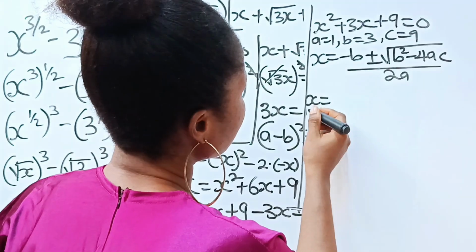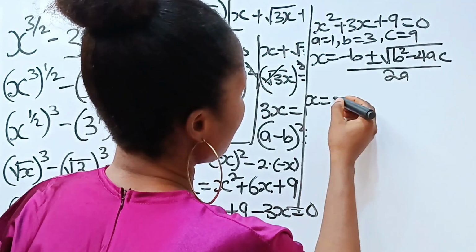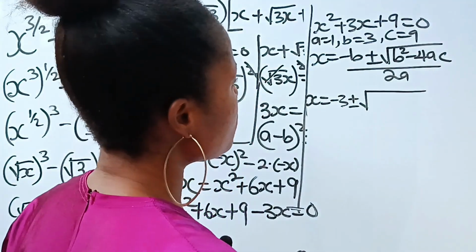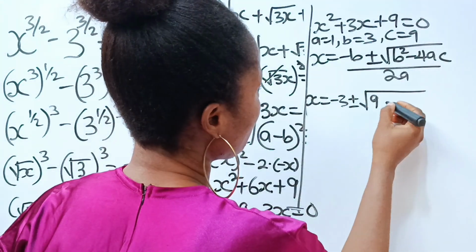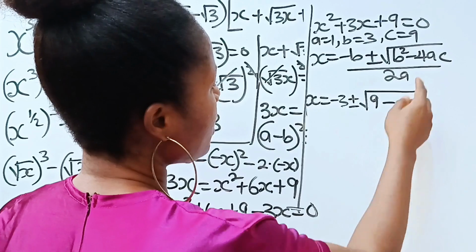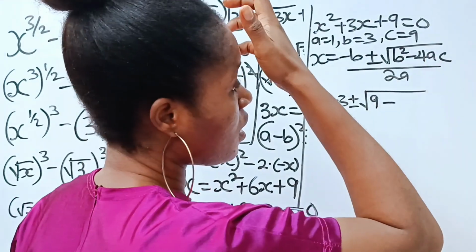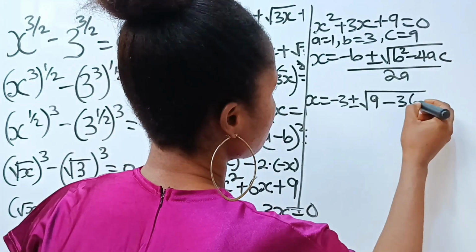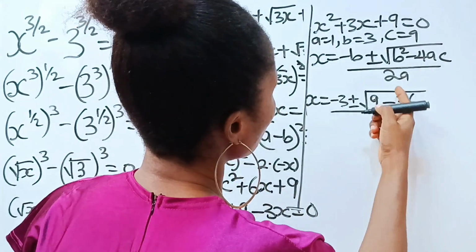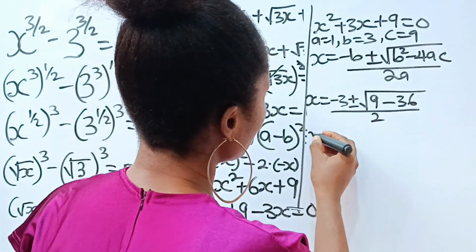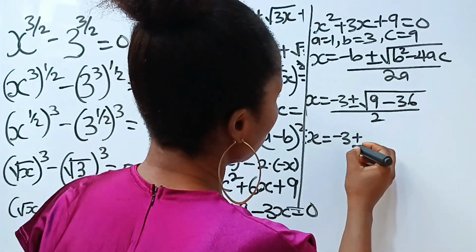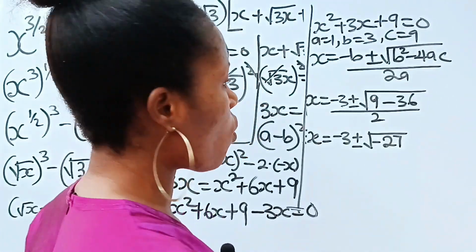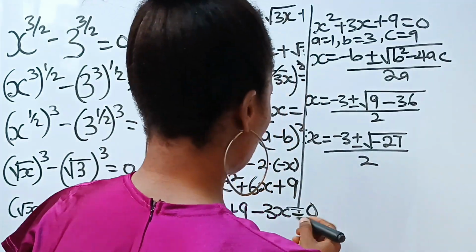So we can now write this as x is equal to minus b, that is minus 3, plus or minus square root of b squared, that is 3 squared, which will give us 9, minus 4ac, that is 4 times 1 times 9, and 4 times 9 is 36, divided by 2a, that is 2 times 1, which will give us 2. So our x is minus 3 plus or minus square root of minus 27, divided by 2.